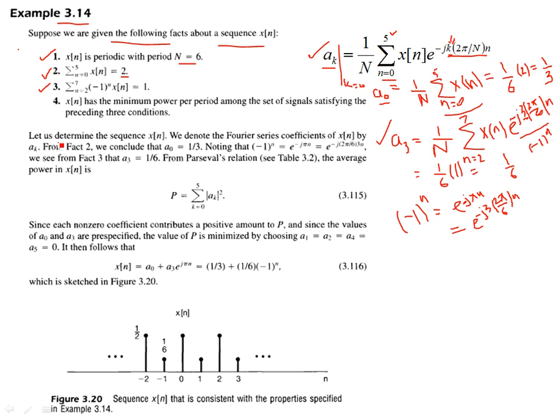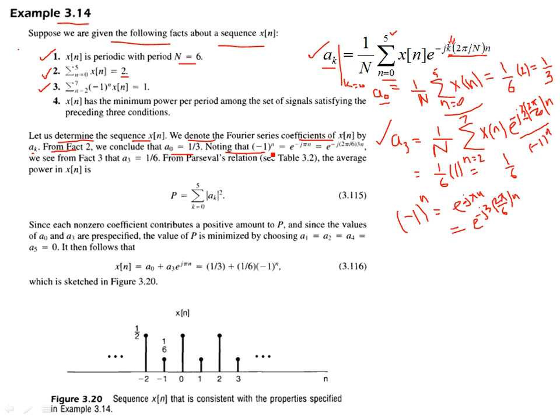Okay. So you see, we have to determine the sequence x of n from these 4 facts. So we denote the Fourier series coefficients of x of n by a k, and from fact 2 we conclude that a naught is 1 over 3, because we use this information for k equal to 0, and we evaluated a naught as 1 over 3 because the summation of samples was given.